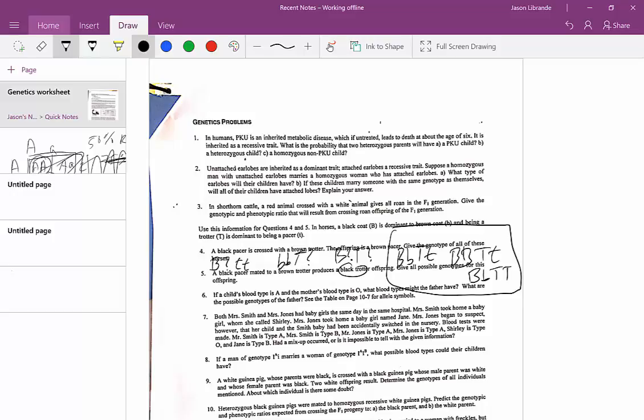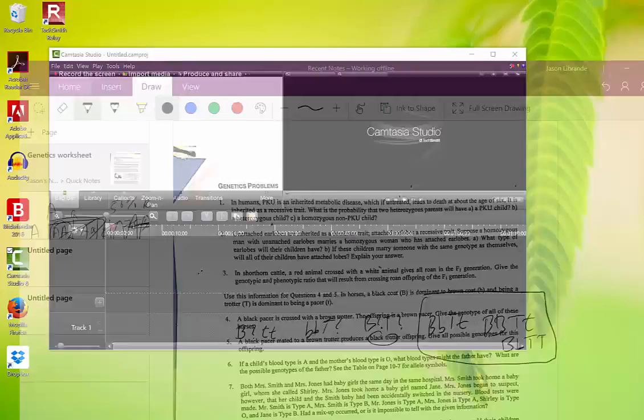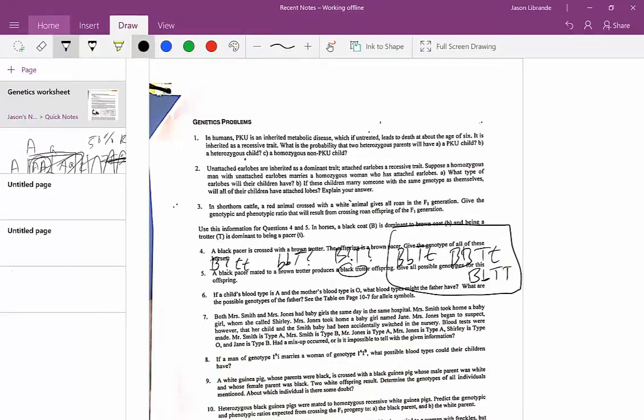But I believe these are all the possibilities there, since we don't know what the genotypes of the parents are just from this question alone. So this question is sort of an ambiguous version of question number 4. So question 4 was very clear in what the genotypes were, so you can figure that out.